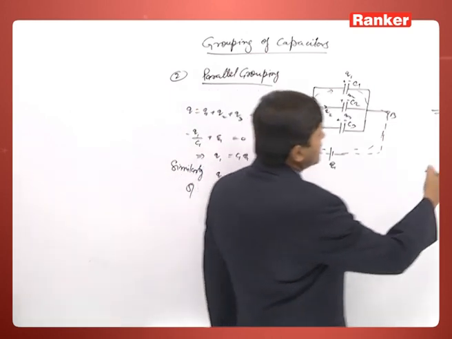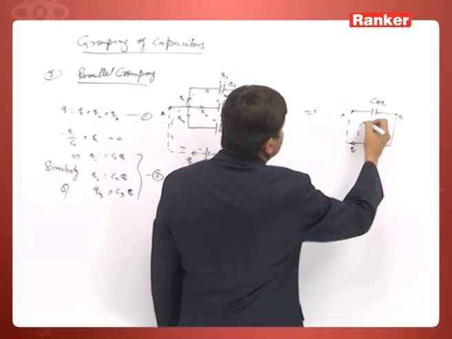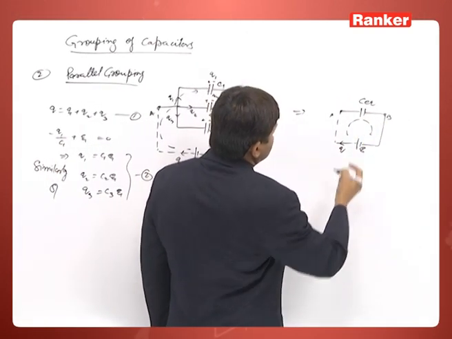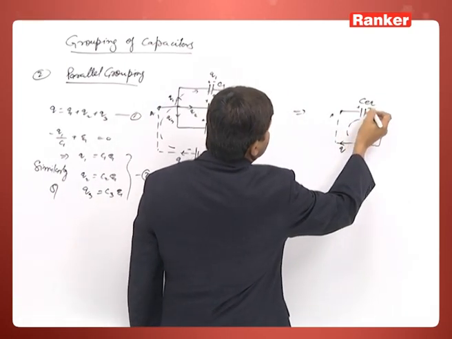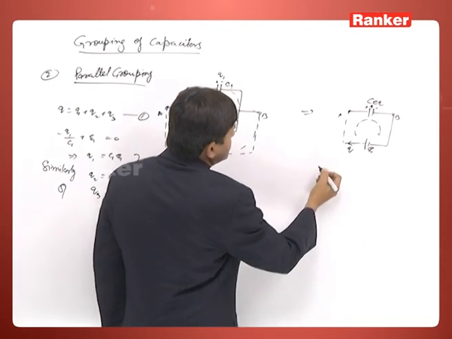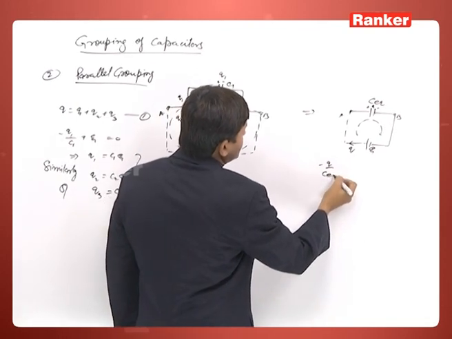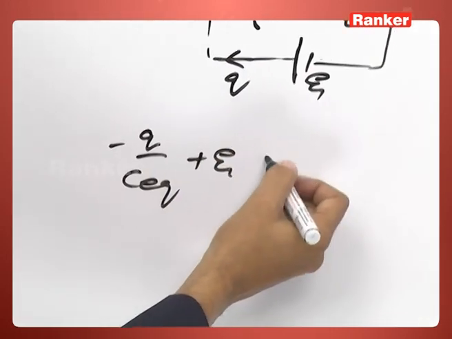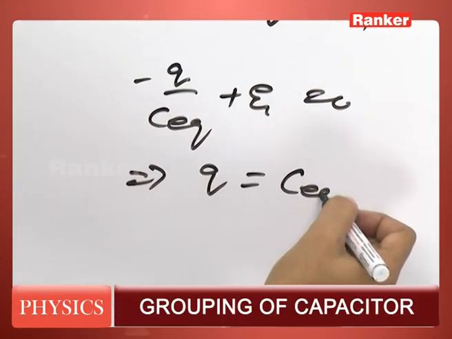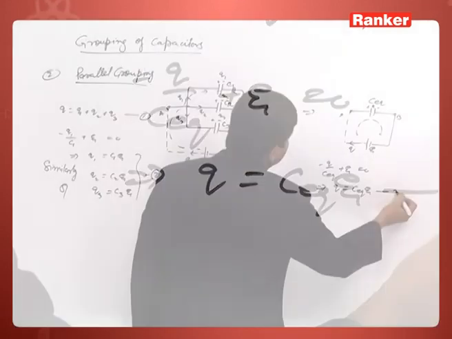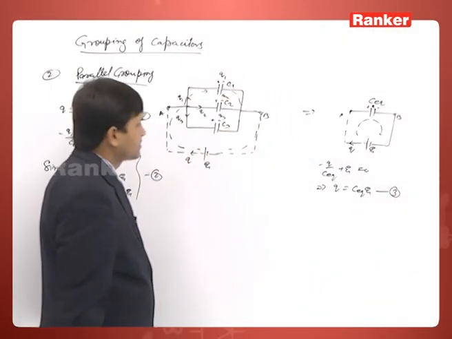Now from the equivalent diagram, we do the same thing here. Applying Kirchhoff's law here, the same charge Q will appear. So minus Q by C equivalent plus E is 0. So Q is equal to C equivalent into EMF. This is your third equation.